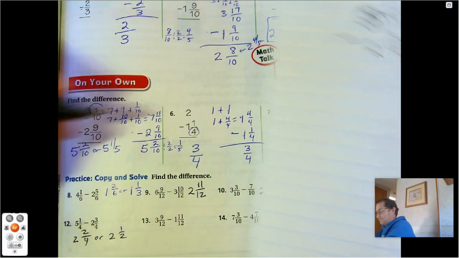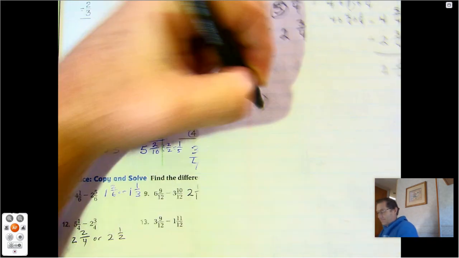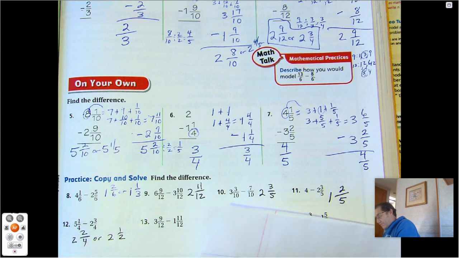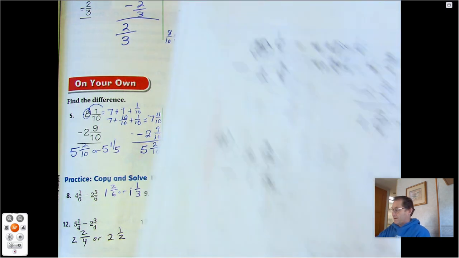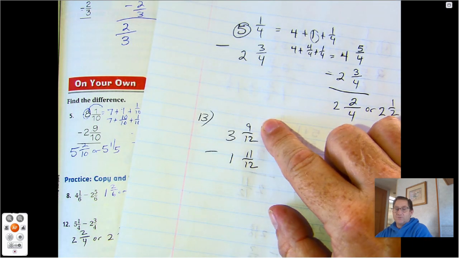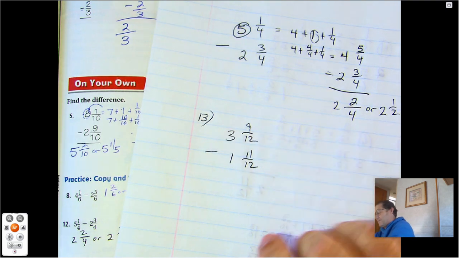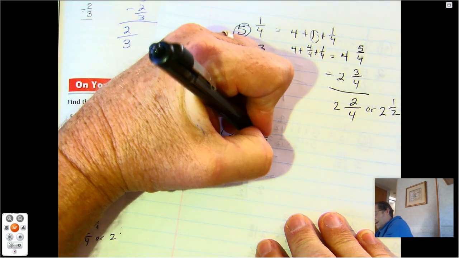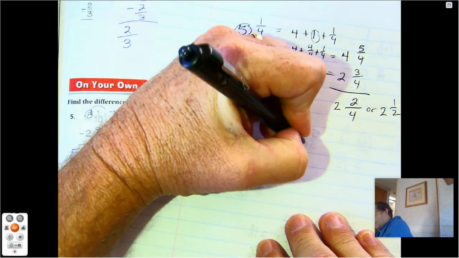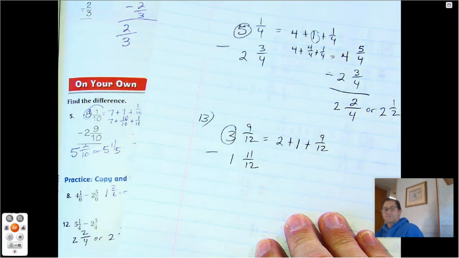13, we have 3 and 9/12. Take away 1 and 11/12. Well, we can't take 11/12 from 9/12. So we're going to rename the 3 as 2 plus 1 plus 9/12.